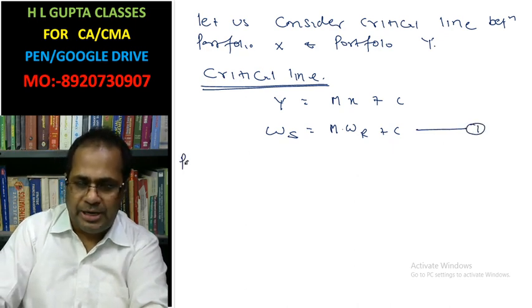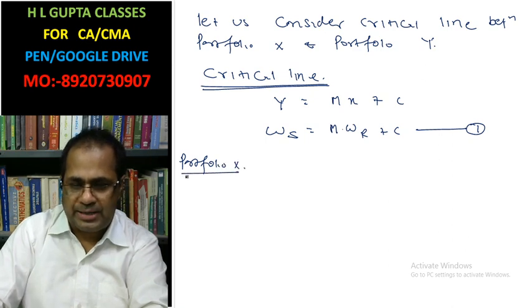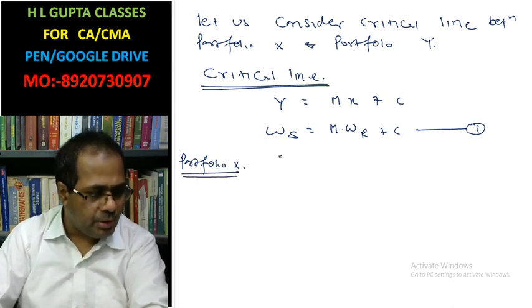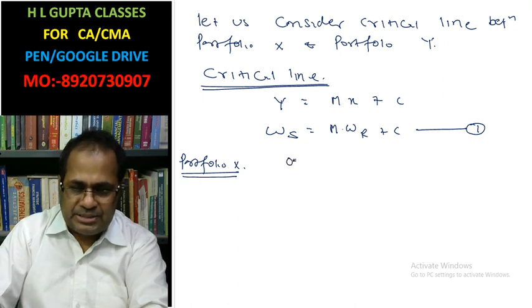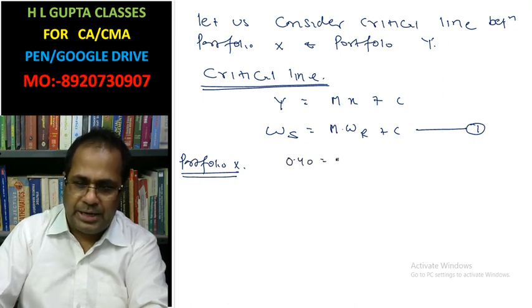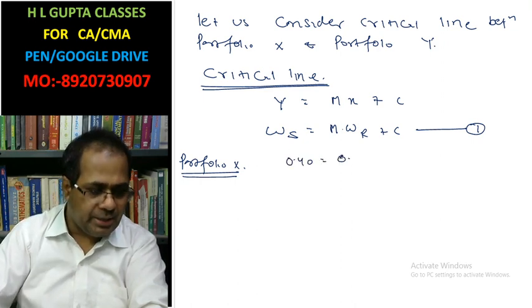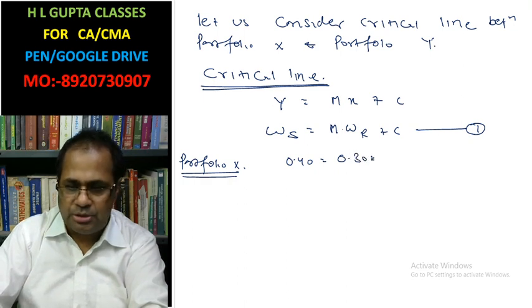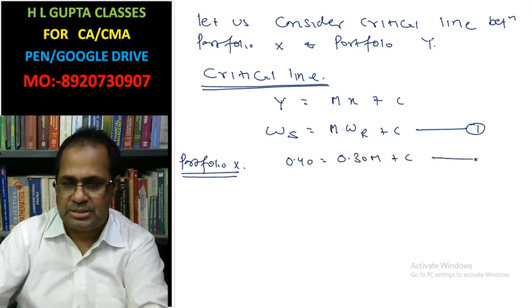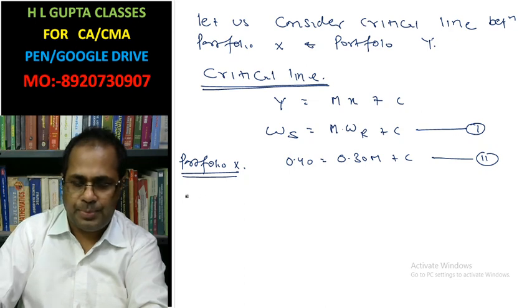Now portfolio X, from portfolio X, what can you observe? Weight S is 0.4, that equal to 0.30 M plus C. This is the equation second.